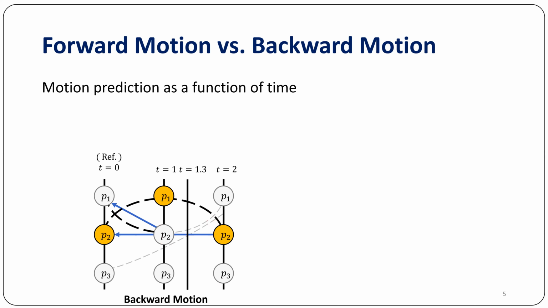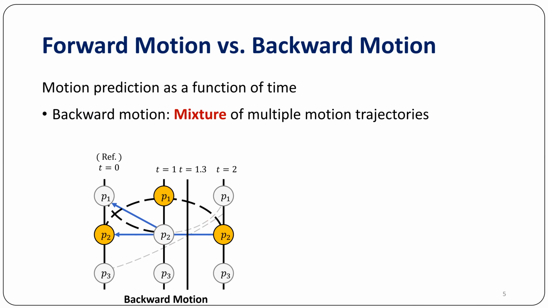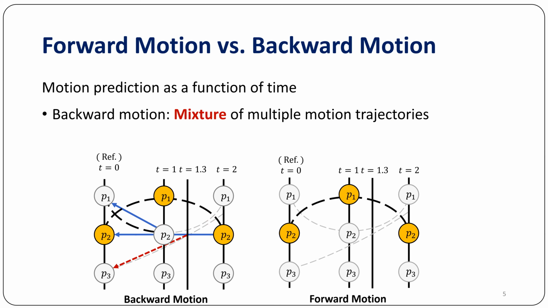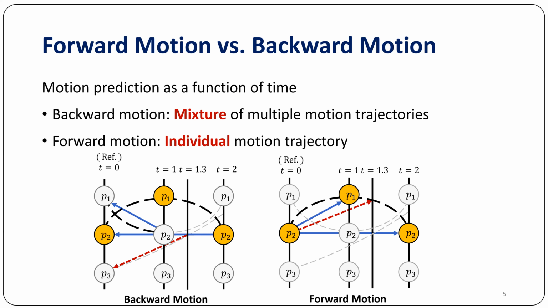This could potentially introduce undesirable randomness and discontinuities in the resulting time function. In contrast, the forward motion vector at P2 follows an individual motion trajectory, which means that forward motion typically forms a smoother space-time function. Thus, we adopt forward motion rather than backward motion in this paper.